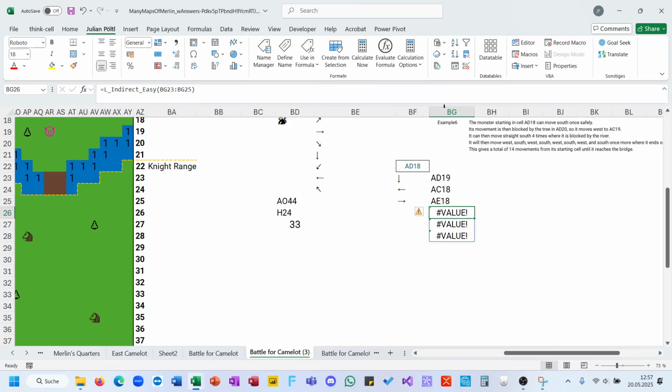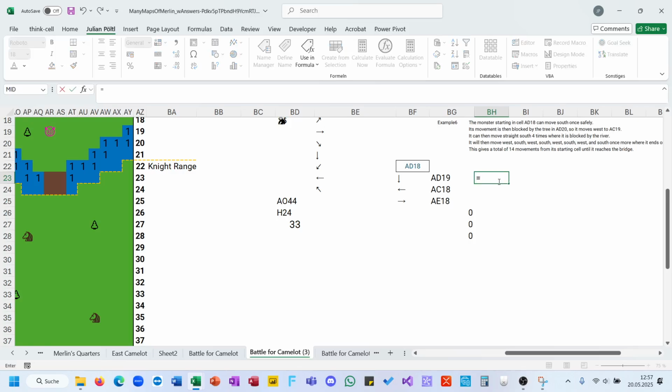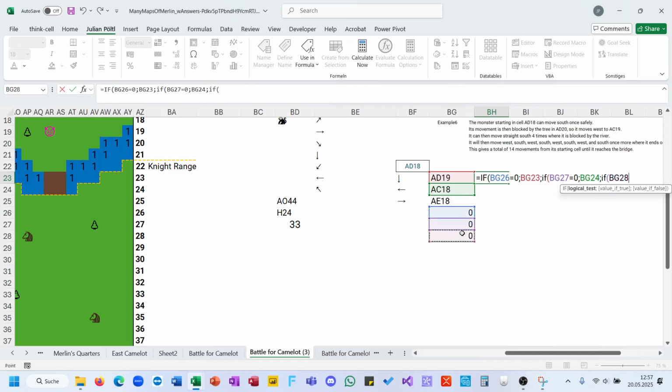I know that it's not working, but yeah, okay, then do this manually. Okay, if this is 0, then I use this, otherwise if this is 0, then I use this, otherwise if this is 0, then I use this.